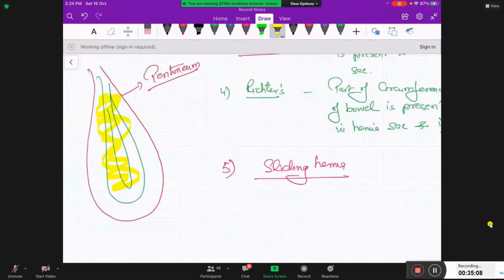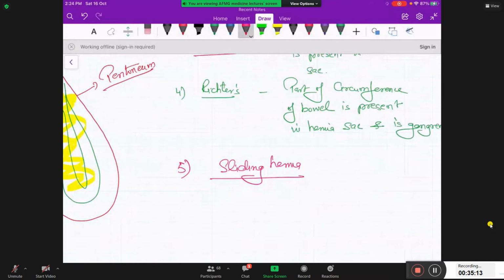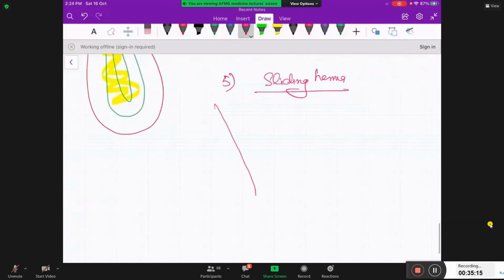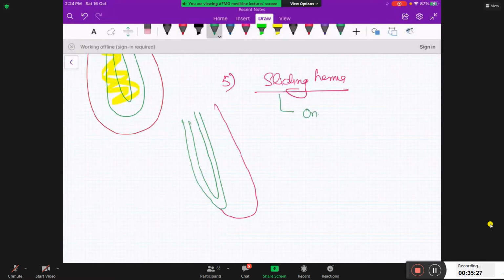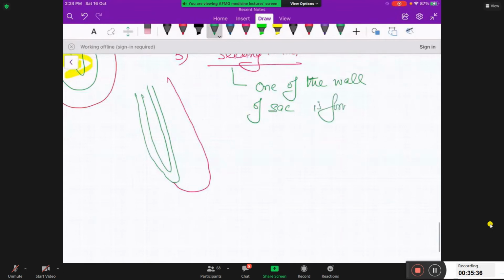Sliding hernia is a very peculiar type of hernia. In a sliding hernia, one of the walls of the sac is formed by a viscera.